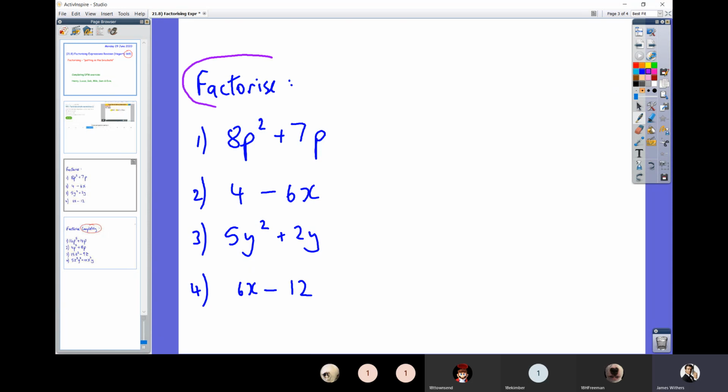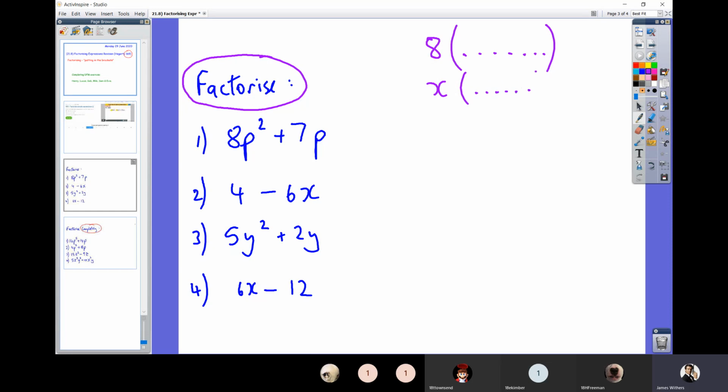Now, when it just says factorize on its own, there's just going to be one component outside the bracket. So, for example, it might be 8, open your bracket, stuff in your bracket, close your bracket. Or it might be a letter outside the bracket.